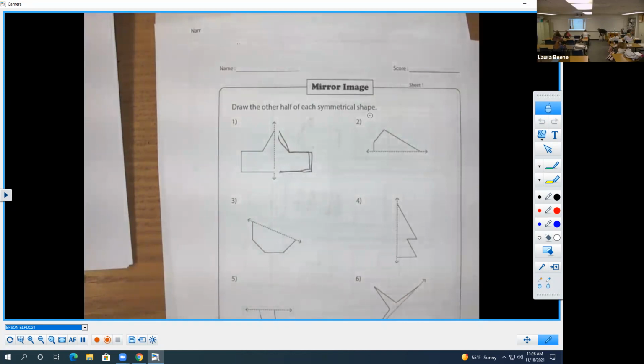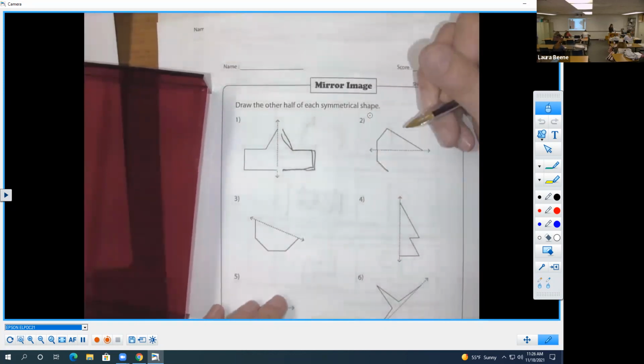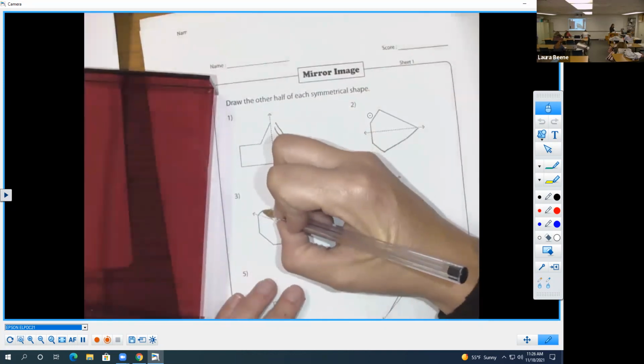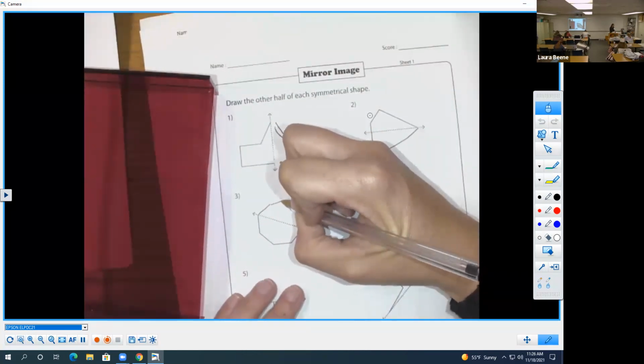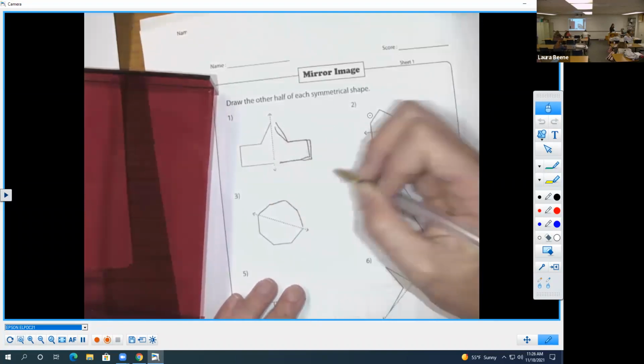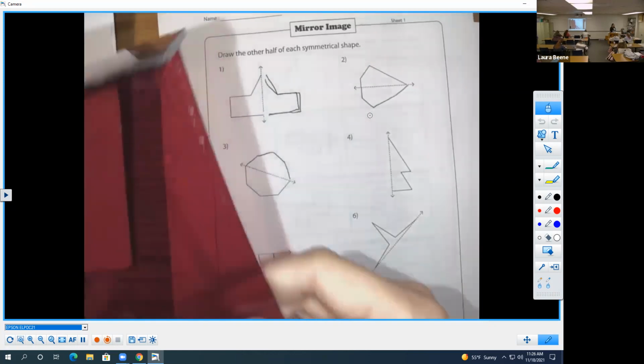There's all kinds of stuff to do. Okay, so when you do these, there's some that are easier just to do by hand, and some that are easier to do with the Mira.